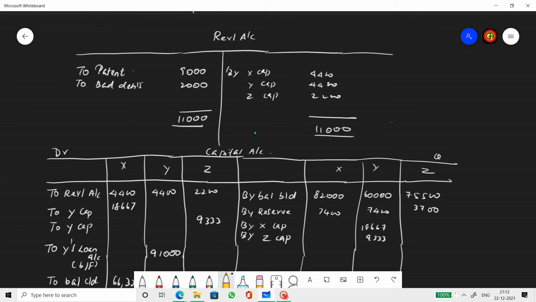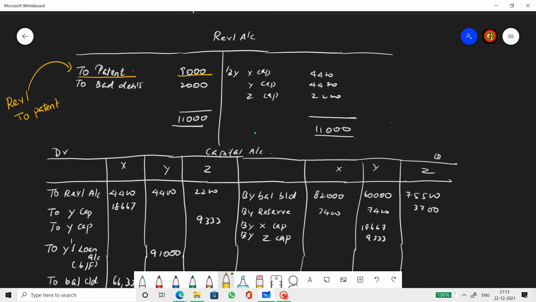When a patent needs to be written off, patent being an asset with a debit balance, to remove the asset it needs to be credited. So revaluation account debtor to patent account, for whatever amount the patent has been recorded in the balance sheet. So I think it's 9,000. So to patent 9,000. Posting this entry.